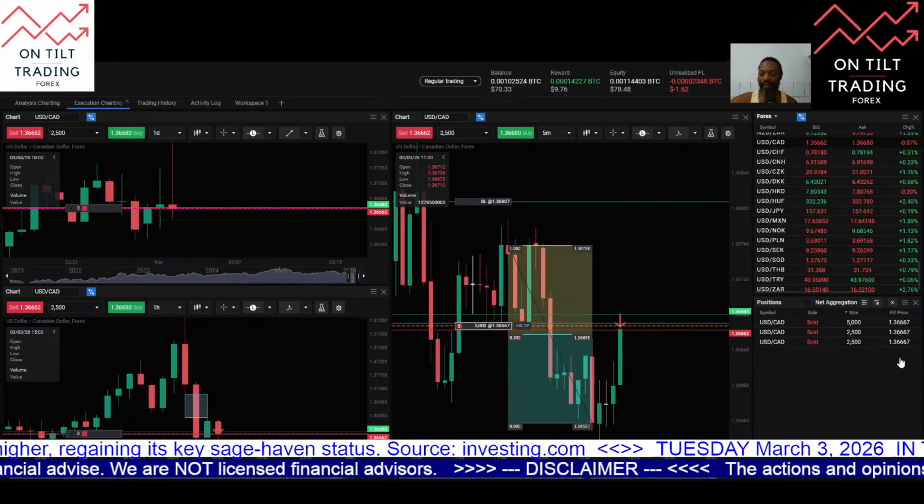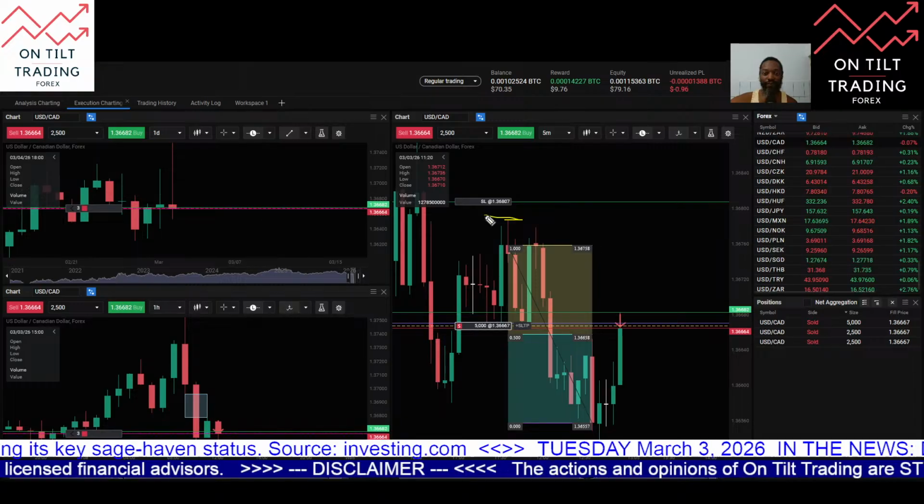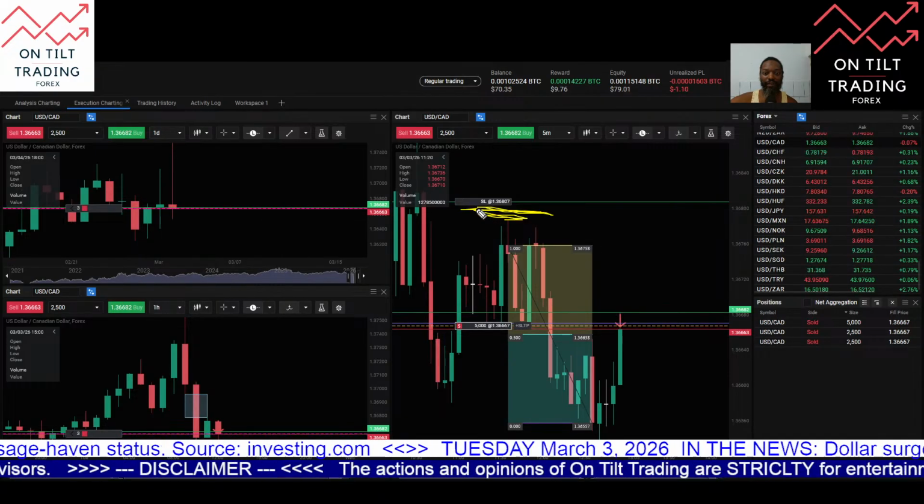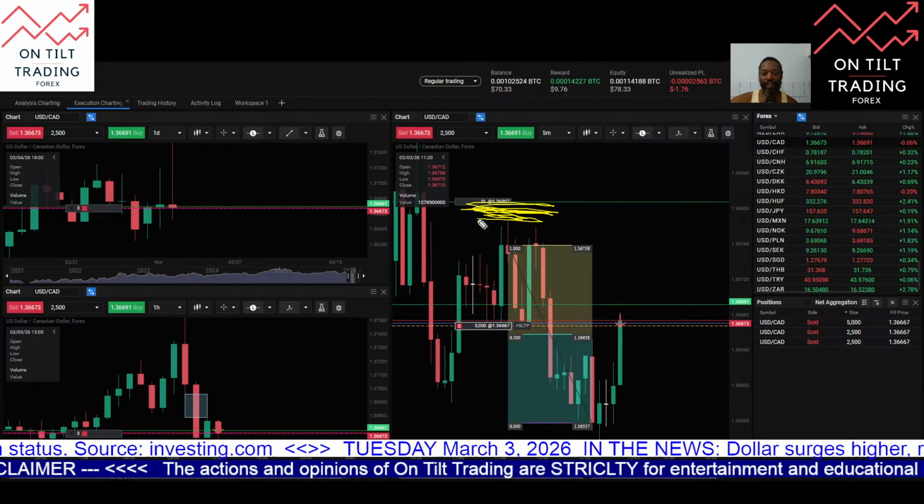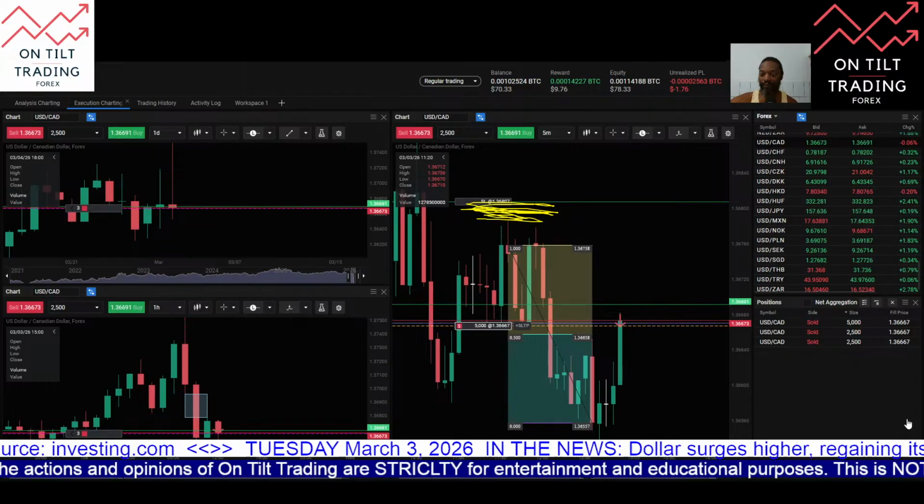See, the stop loss for all the positions is the difference between the bid-ask spread, and this is a swing high here on the 15-minute chart.